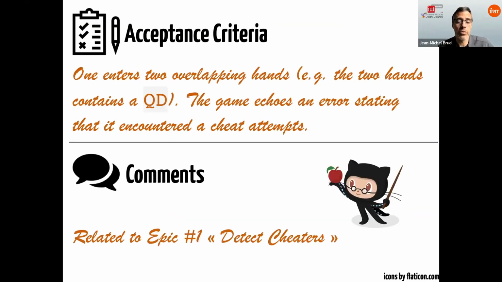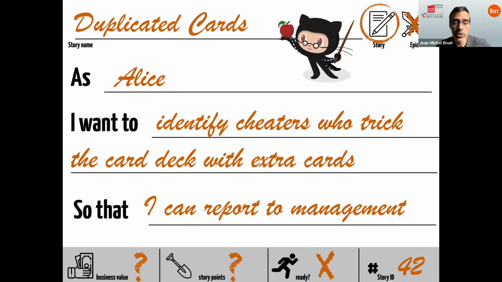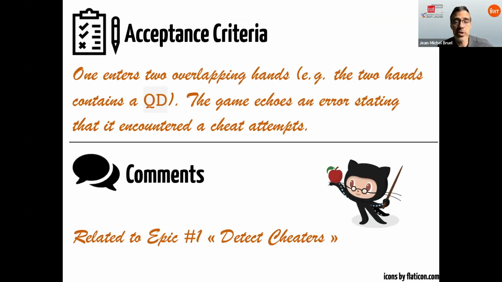But what we are more interested in here is the acceptance criteria. Every user story not only should have a rationale, why Alice wants to do this, but there should be acceptance criteria. How are you going to demonstrate to Alice that your software has this feature?